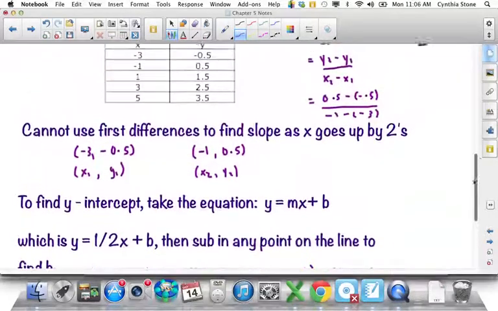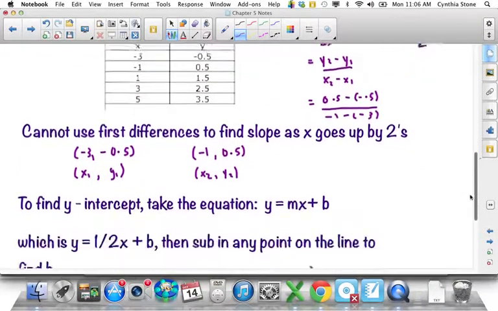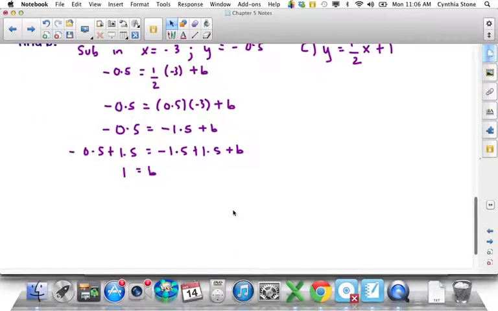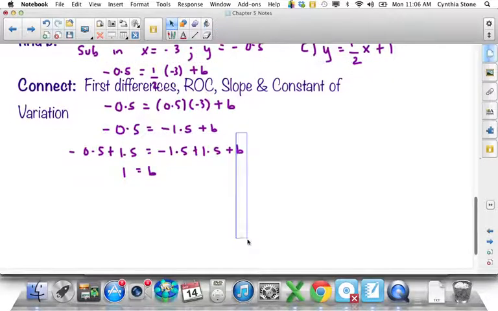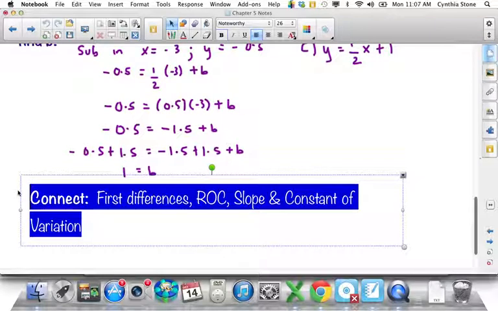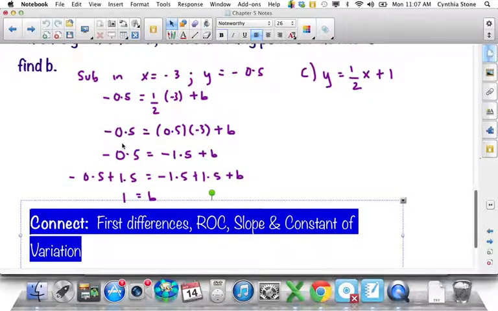And last, describe it using words. I like this. How do you describe this relationship using words? What does that mean? I'm just going to get this so I can type it instead of print it. It's easier for me to type. So I'm going to describe this relationship using words, what this equation tells me. I look at it and I say, okay, this relationship starts at a y-intercept of 1, and it goes up by 1/2 with every value of x.